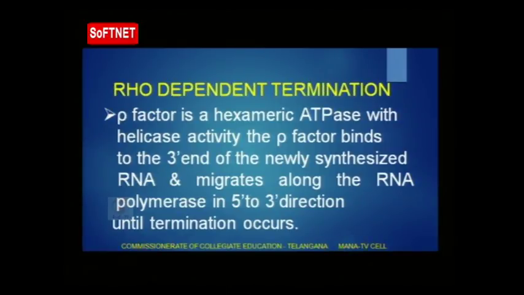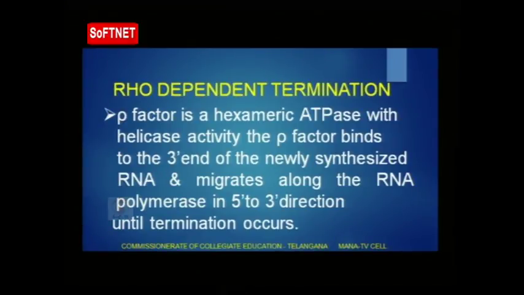Rho dependent termination means here a specific protein, Rho factor or Rho protein, is required for the termination process to occur. This Rho factor is a hexameric ATPase. So here the energy released during the ATP hydrolysis process is utilized by this protein to dissociate the RNA molecule from the DNA molecule.